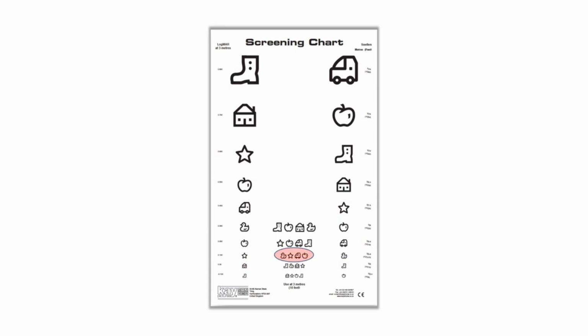And that will be their visual acuity, which is 3 over 3.8. If you want to record exactly how many pictures they saw out of 5, just add a minus to the Snellen score with how many pictures they got wrong. If they saw 4 out of 5, the number would be 3 over 3.8 minus 1.